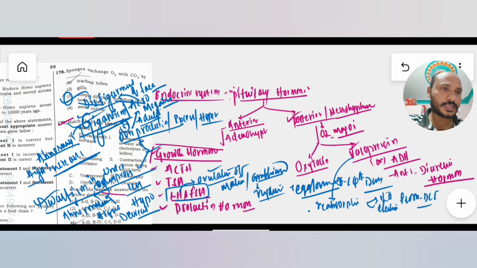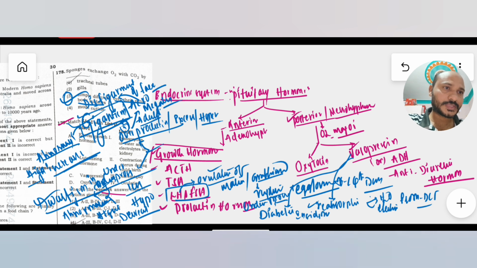Remember, deficiency or underproduction of this vasopressin hormone leads to a disease called diabetes insipidus. Very important. Due to deficiency of insulin hormone, we get diabetes mellitus, sugar. But here, deficiency of vasopressin or ADH hormone causes diabetes insipidus.